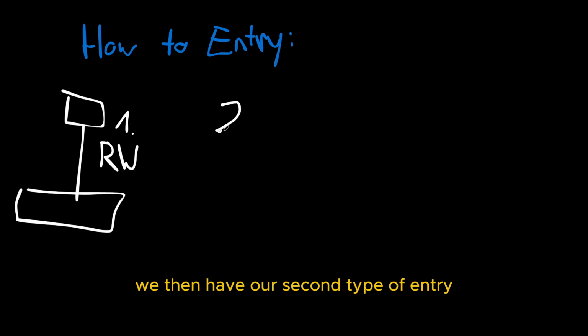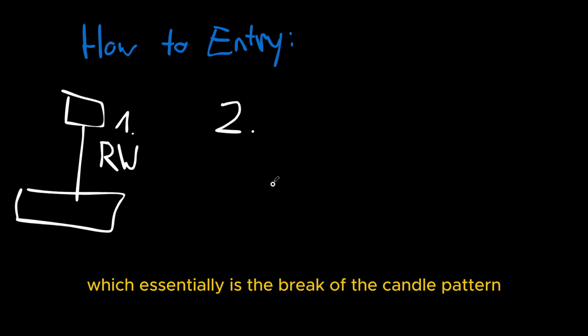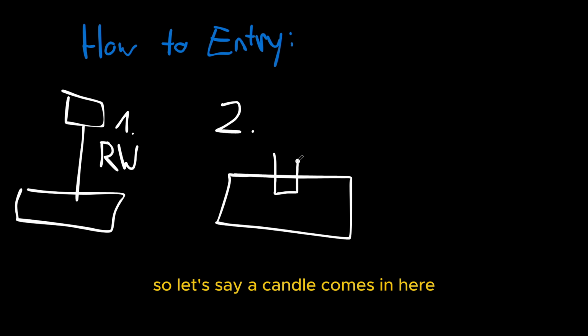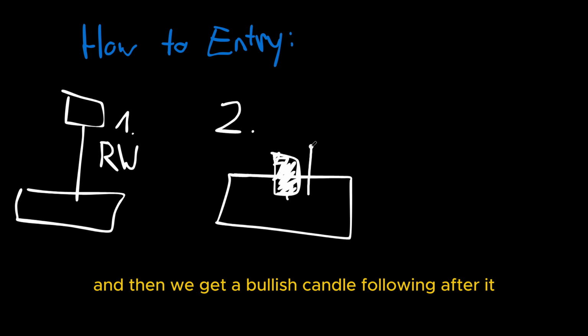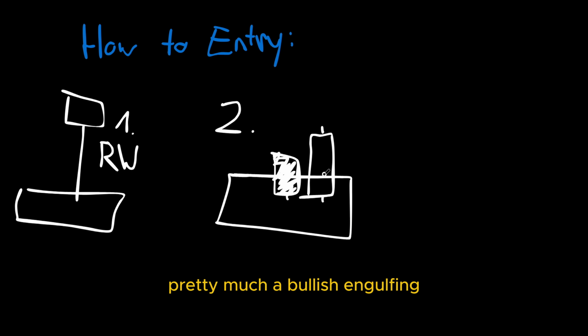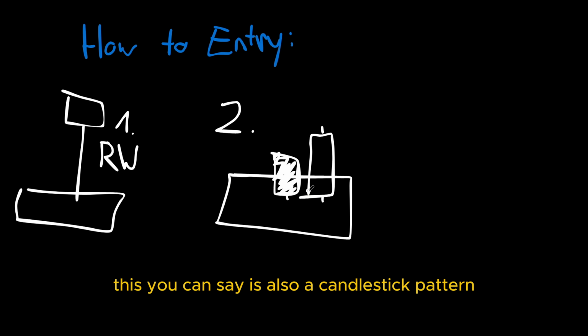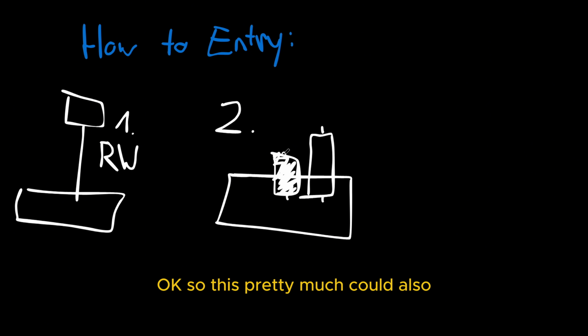We then have our second type of entry, which essentially is the break of the candle pattern. So let's say a candle comes in here. This is a bearish candle. I marked this out like this, a bearish candle, and then we get a bullish candle following after it, pretty much a bullish engulfing. This, you can say, is also a candlestick pattern, and you're right with that, okay?